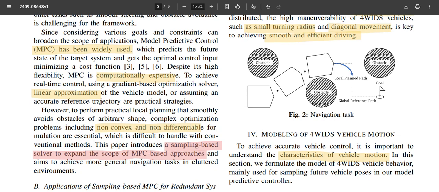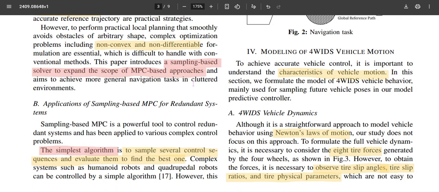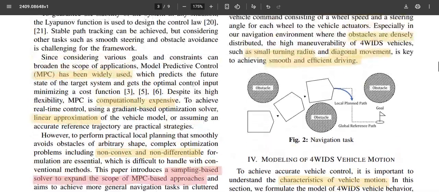So a sampling-based solver like MPPI gives a promising approach, and one of the simplest ways of using it is to sample several sequences and evaluate them to find the best one, which can be utilized as an MPPI-based path tracking controller.